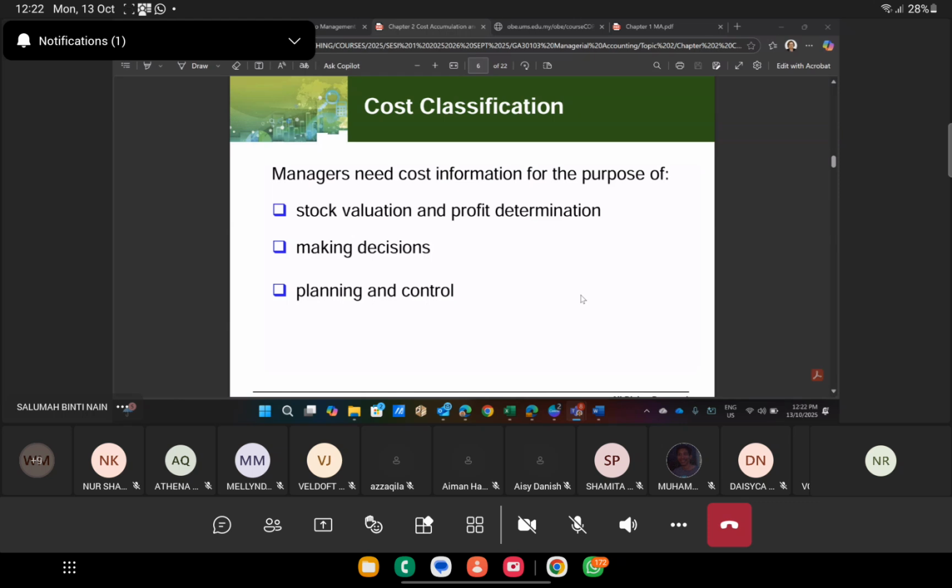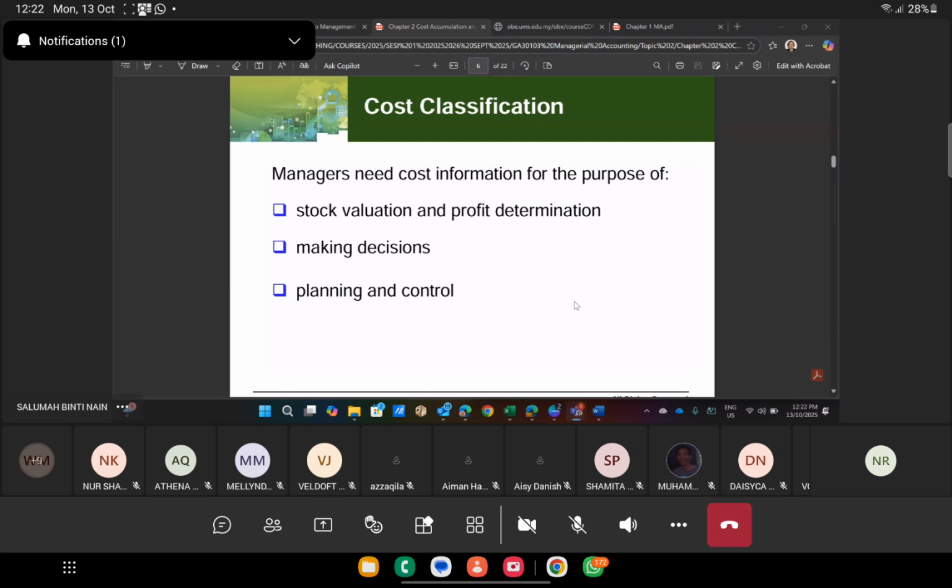Managers need cost information for the purpose of stock valuation and profit determination, or for decision making, or for planning and controlling. So this is the reason why we need to classify the cost. Why?